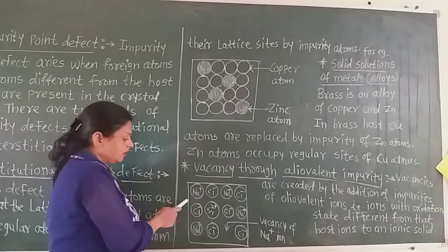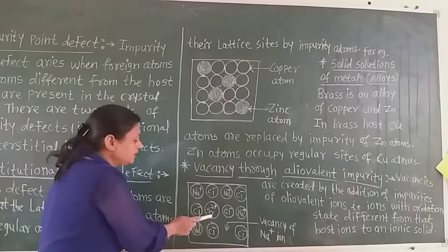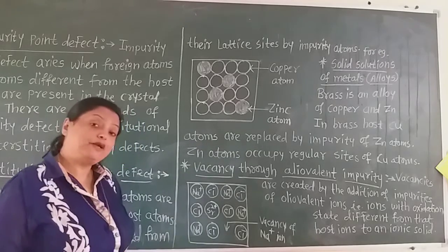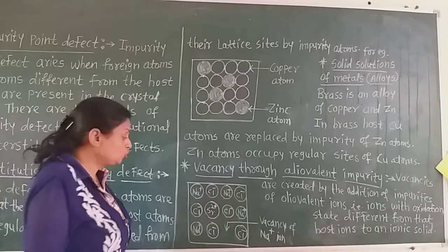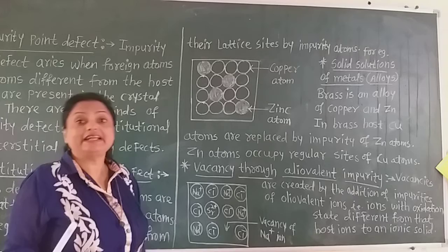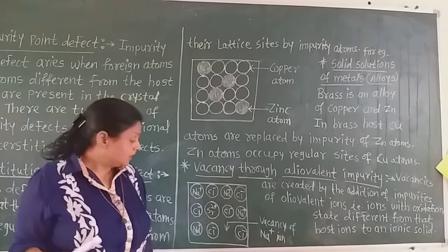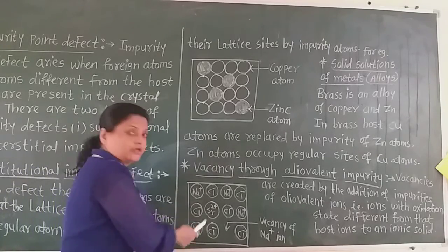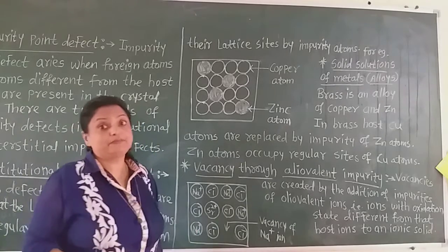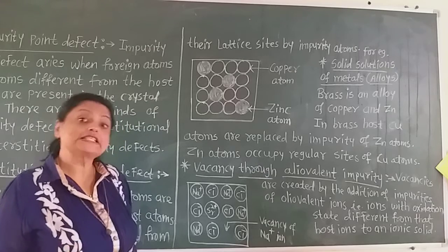Therefore these strontium ions occupy the place of the sodium ion, but as strontium has plus 2 oxidation state, 2 sodium ions are displaced, because sodium ion has only plus 1 oxidation state. To balance the neutrality, one strontium ion displaces 2 sodium ions, so that the electrical neutrality is maintained.